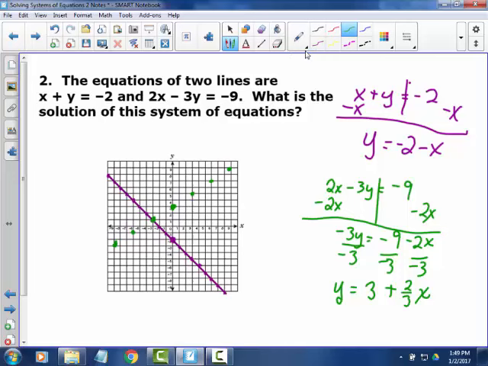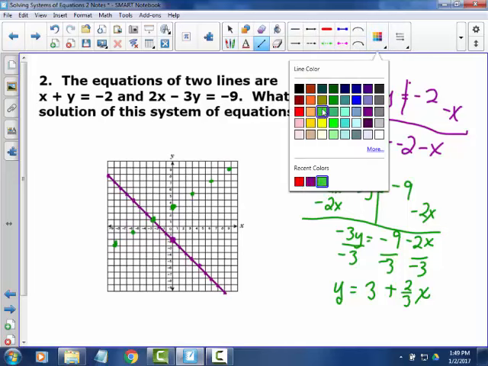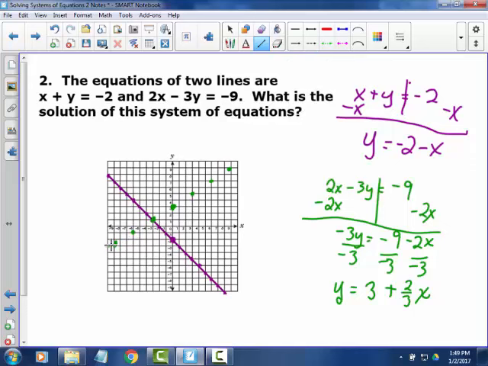And then I draw my line through. And I look for the point of intersection. And I see that right here is my point of intersection. So that's my solution, and that is at (-3, 1).